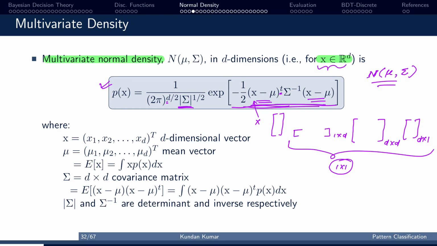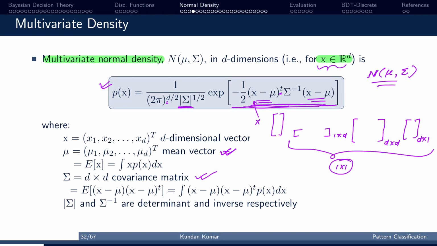Okay, so here mu is the mean vector because it is not a scalar quantity anymore. Here we are dealing with the d-dimensional feature space, so we will have a d-dimensional mean vector, and then we will have the covariance matrix, d cross d.